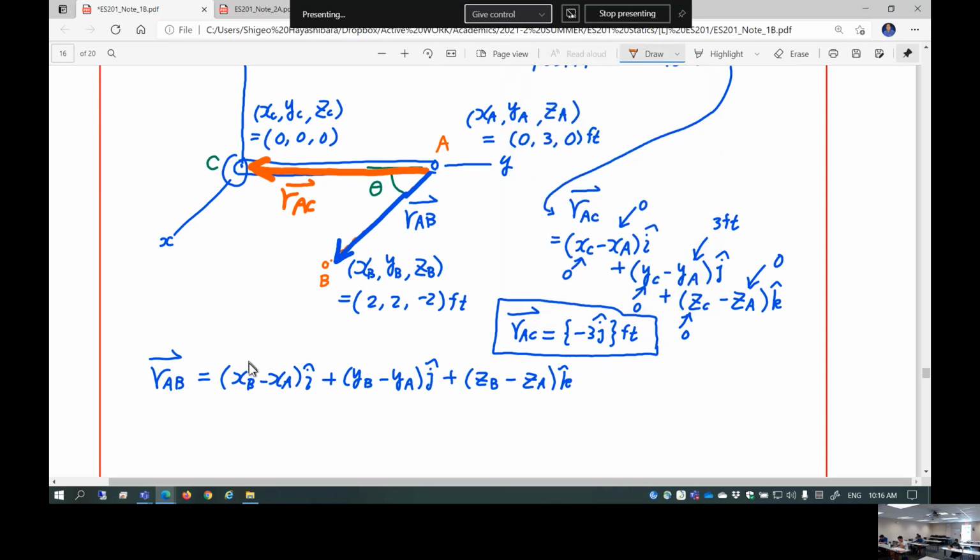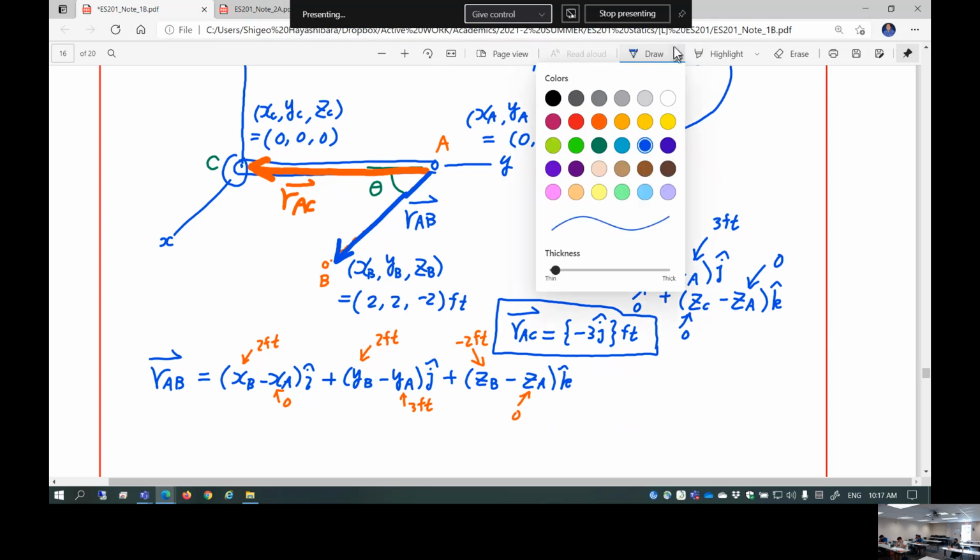So XB is 2 foot, XA is 0. YB is 2 foot, YA is 3 feet. ZB is minus 2 feet. ZA is 0.